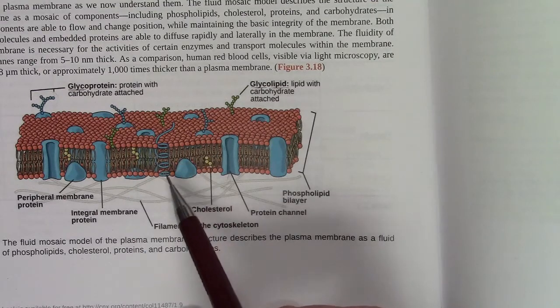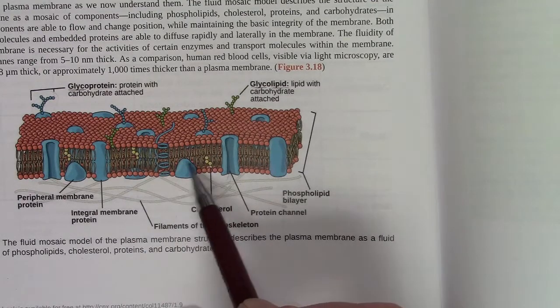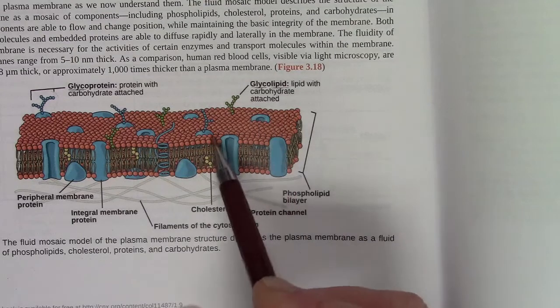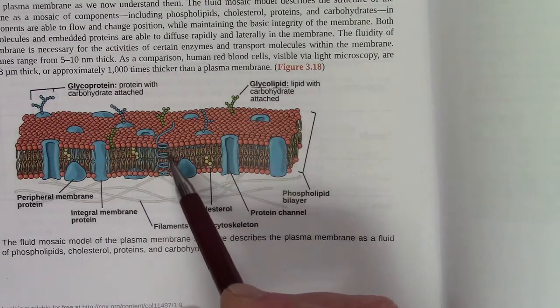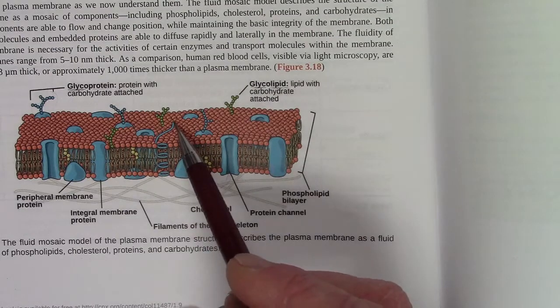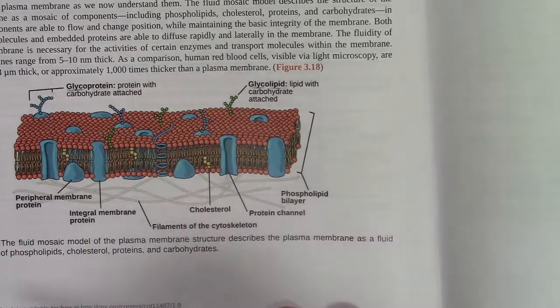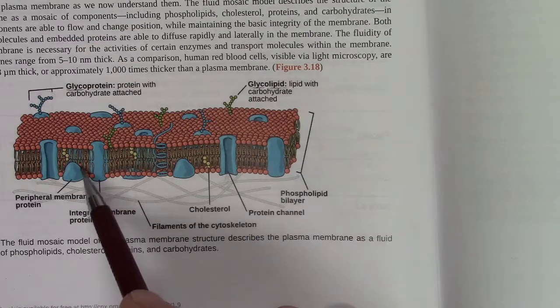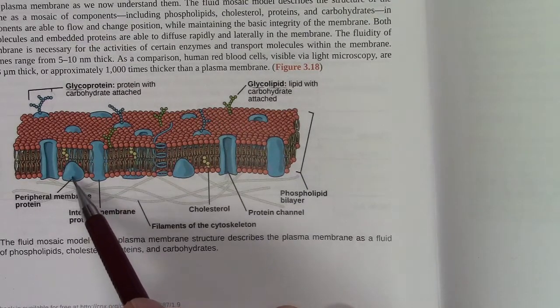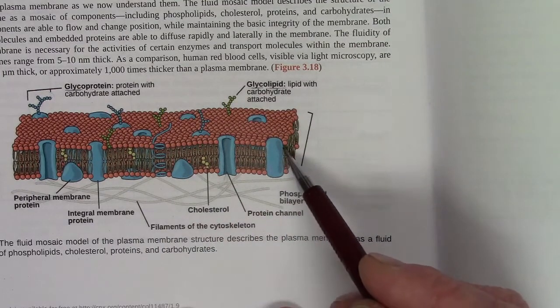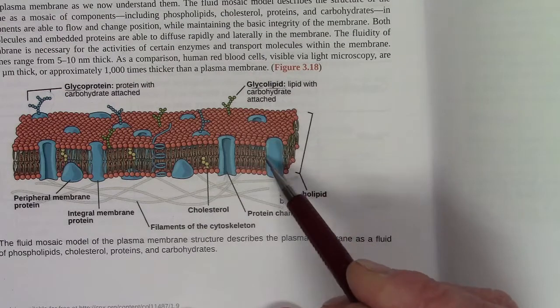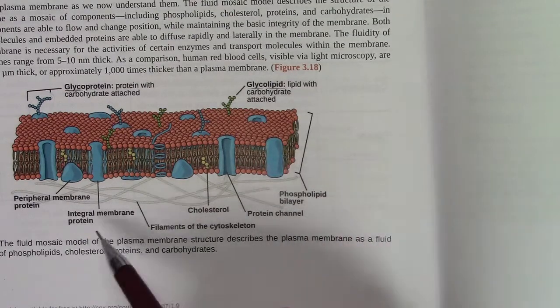And what else do we have in here? Not shown well are certain proteins. All the proteins appear to be blue. Some of them wrap through here several times, and then they can have functions on one side or the other. Peripheral proteins are shown on one side of the membrane or the other, and then there are integral membrane proteins that go all the way through the membrane, such as this one.